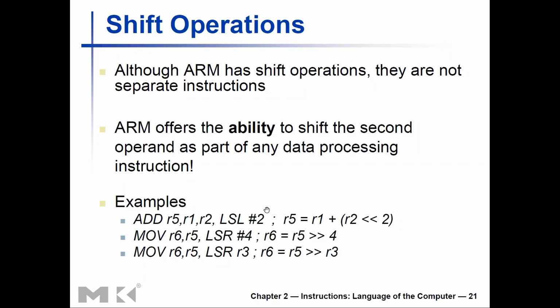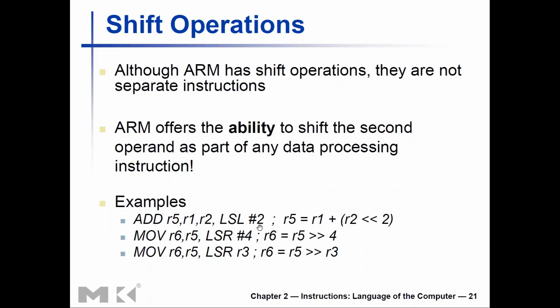With this, what you can do is, instead of just adding R1 and R2 and putting the result back in R5, you can shift R2 2 times to the left, which is given in this comment.